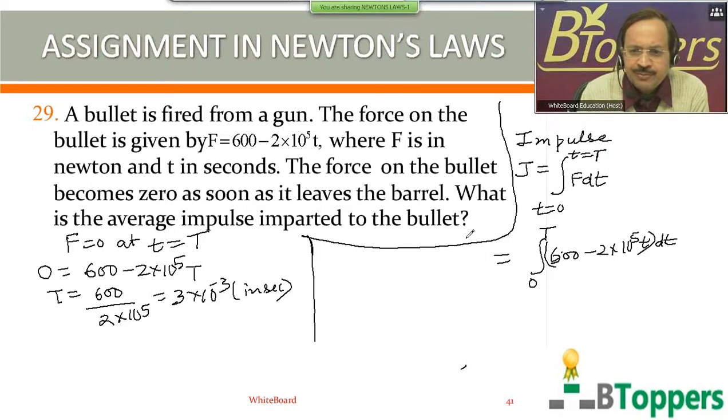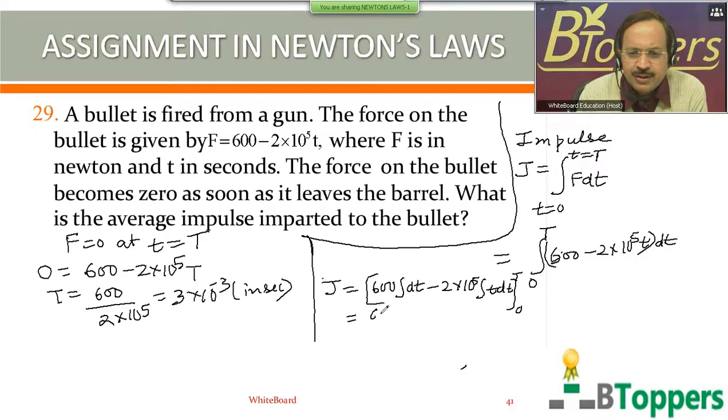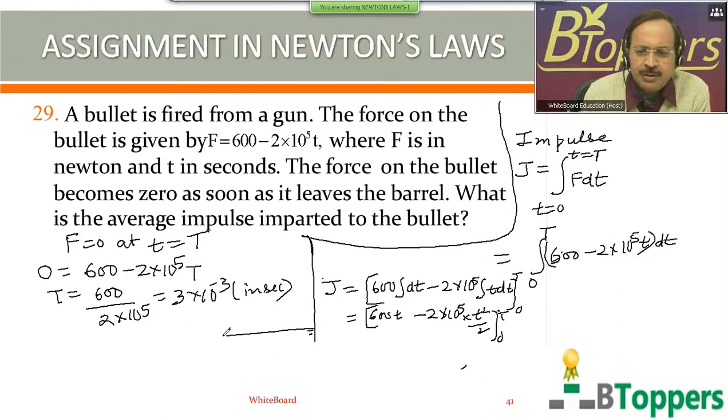I denote impulse by J, so that you can write 600 into the integral of dt minus 2 into 10 to the power of 5 times the integral of t dt, with limits 0 to capital T. So you have 600 into t minus 2 into 10 to the power of 5 into t square by 2, from 0 to capital T. If you substitute small t equal to capital T, the value of the function at the lower limit becomes 0.